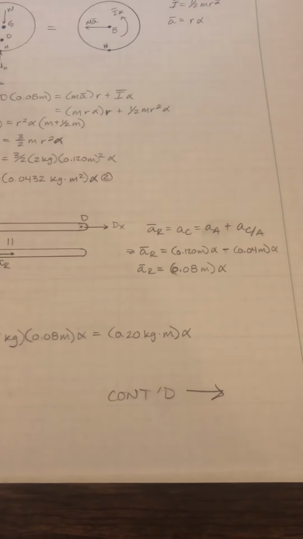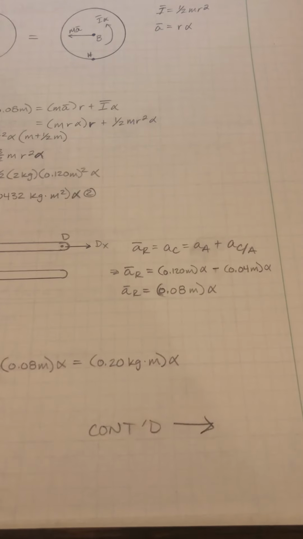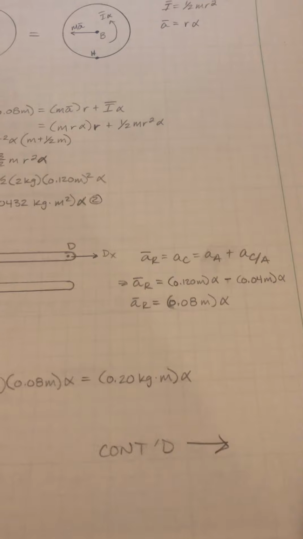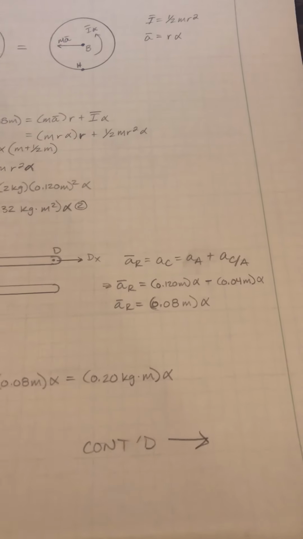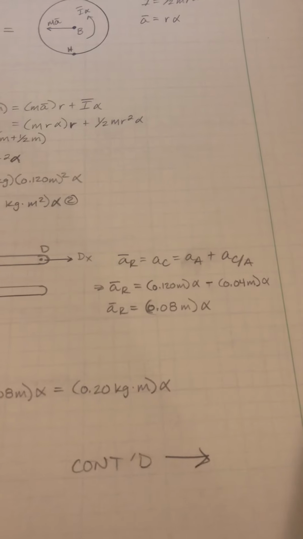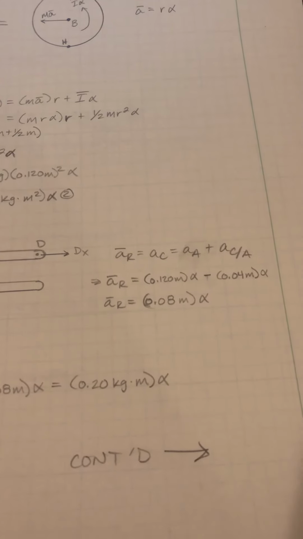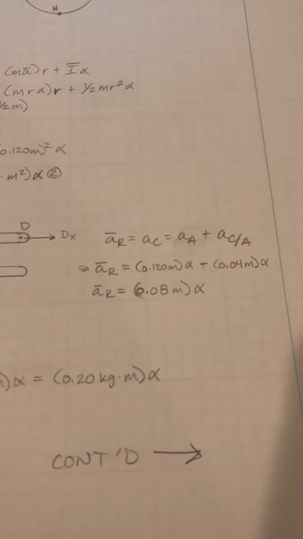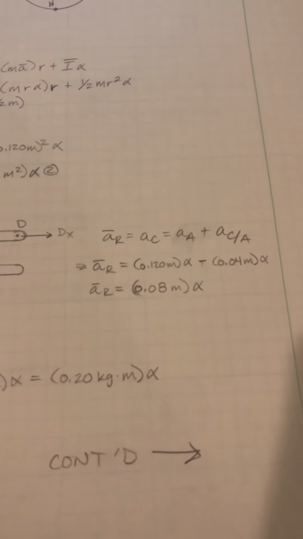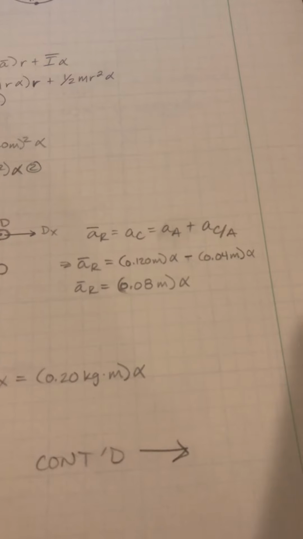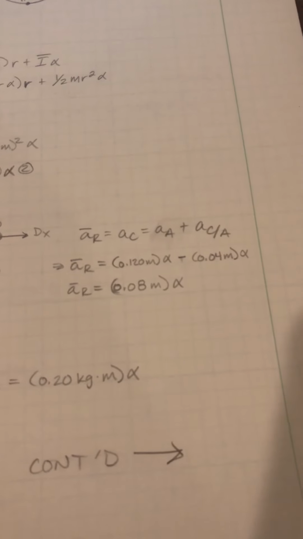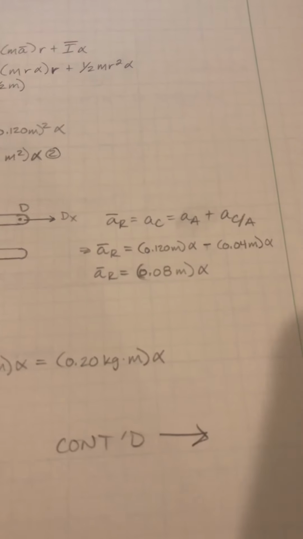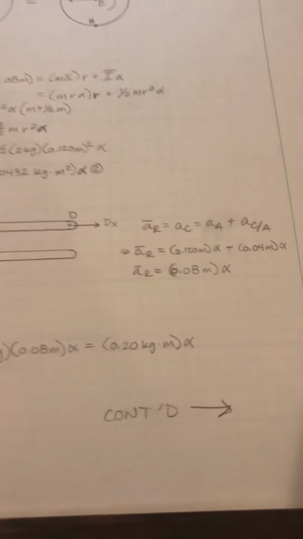We can find the acceleration of the rod by setting it equal to the acceleration of C, which is equal to the acceleration of disc A plus the acceleration of C with respect to A. Plugging in the values we know, the 120 millimeters minus 0.04 meters, which is the distance from point C to point A, times alpha, we have the acceleration of the rod equal to 0.08 meters times alpha.